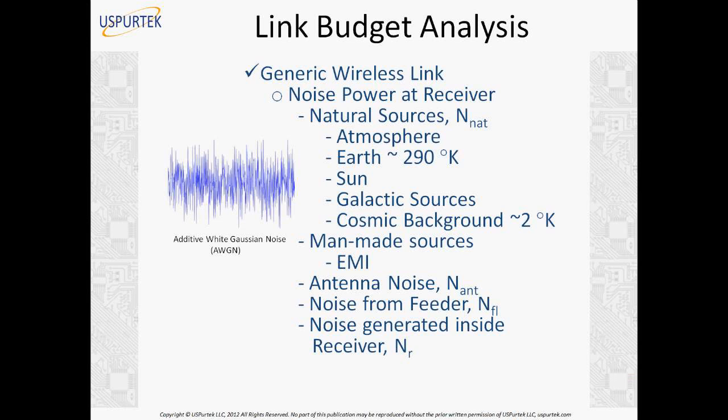Okay, so now let's look at what different types of noise power sources there are at the receiver. So we have natural sources. Natural sources come from the atmosphere, from Earth, from the sun, from galaxies, from the cosmic background. This comes from the physics of our universe.